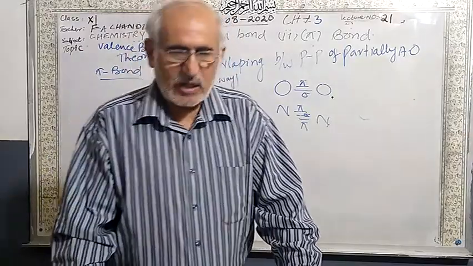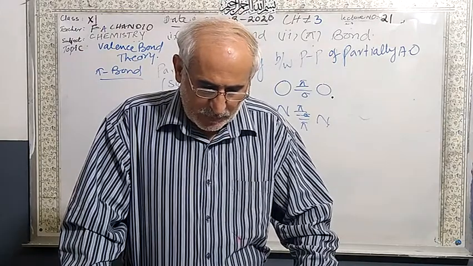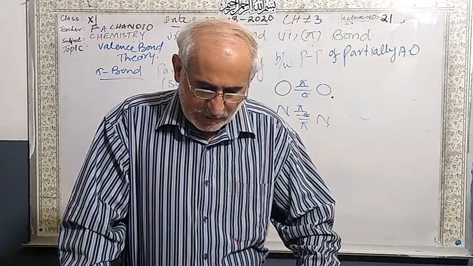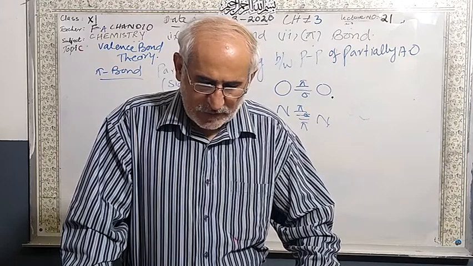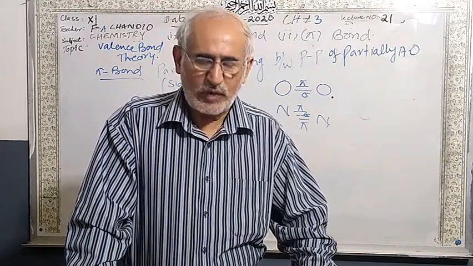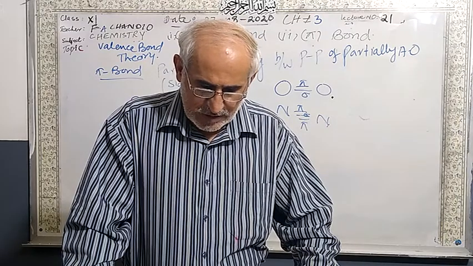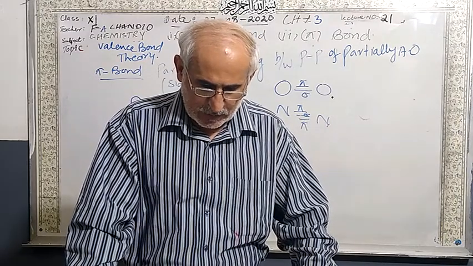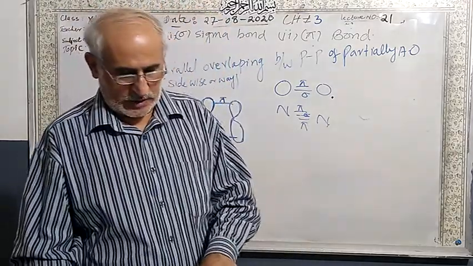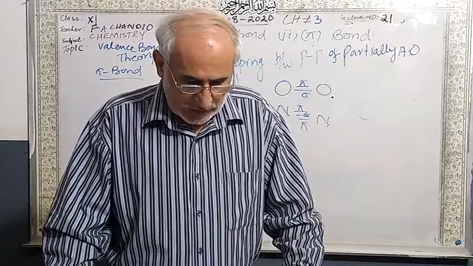There is sideways or lateral overlapping between the p and p orbitals, perpendicular to the molecular axis. The sidewise overlapping is not too efficient, so it results in a weak bond, as we already discussed. The sigma bond is always stronger than pi bonds. There is a remembrance for you.